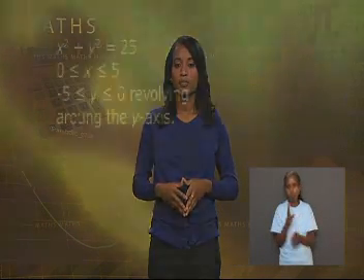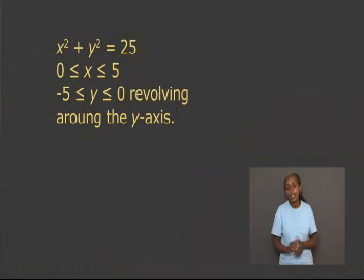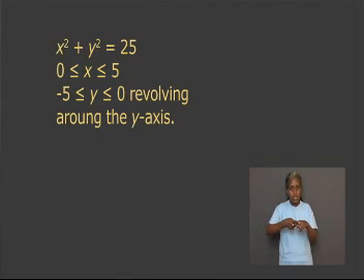Now, we will apply the formula to solve the problem of the bowl of water. The first step is to graph the function. We know that x squared plus y squared is 25, and that x intersects at 5 and -5.